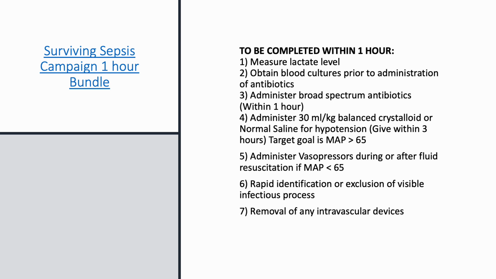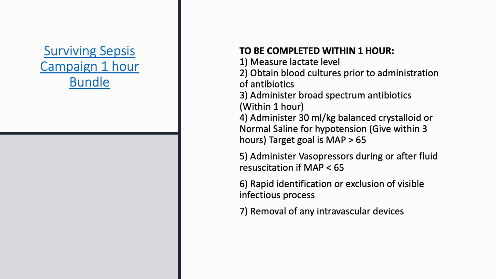You want to administer broad spectrum antibiotics within 1 hour because rapid antibiotic therapy is essential to control the infection and improve the survival rate. Fluid resuscitation is administered at least 30 mL per kg of a balanced crystalloid or normal saline for hypotension.